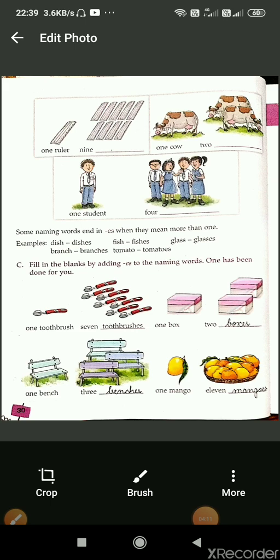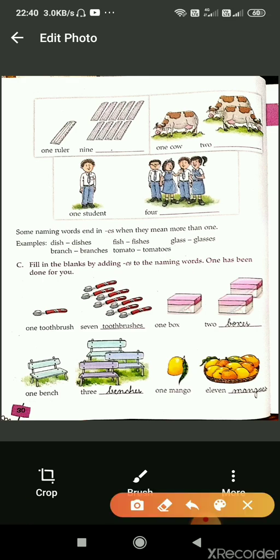The first picture is of a toothbrush, and the plural of toothbrush will be just by adding es to the word toothbrush. That will be TOOTHBRUSHES, toothbrushes.